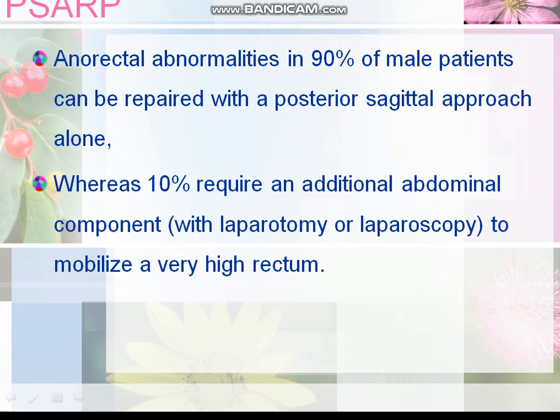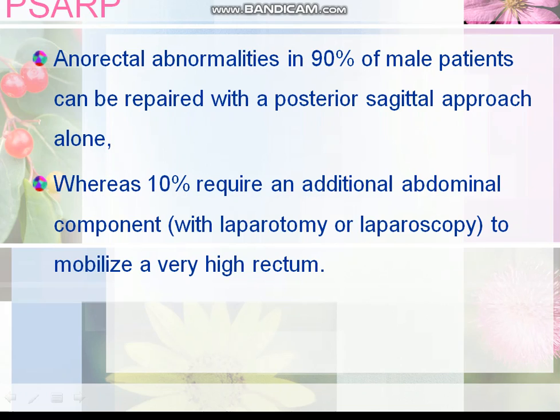In case of posterior sagittal anorectal pull through, all the male patients, that is almost 90%, can be repaired with the help of a posterior sagittal approach alone.